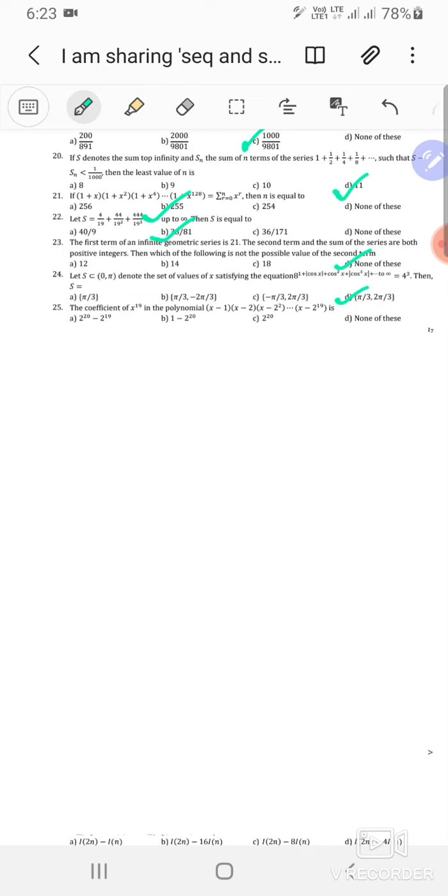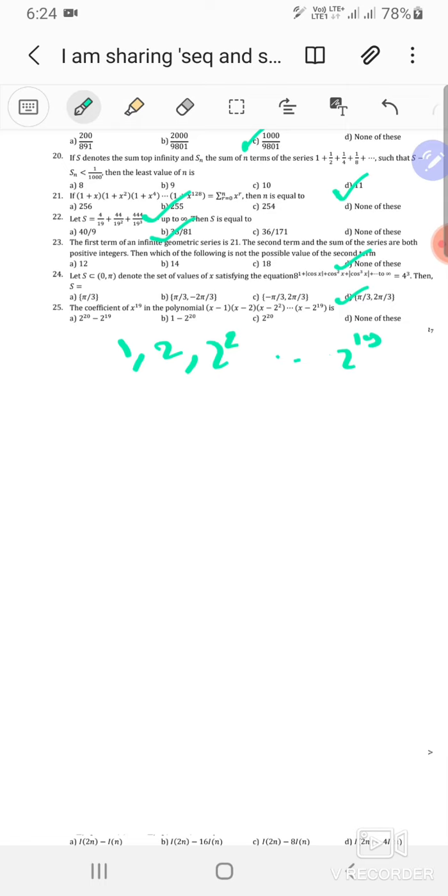So the coefficient of x power 19 is the coefficient of the term which has the degree one less than the degree of the whole polynomial, which is always given by the negative sum of the roots of this polynomial. Because they just factorized it for us, we already know that the roots are nothing but 1, 2, 2 squared, all the way till 2 power 19.